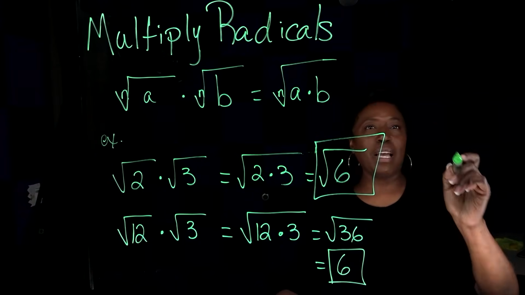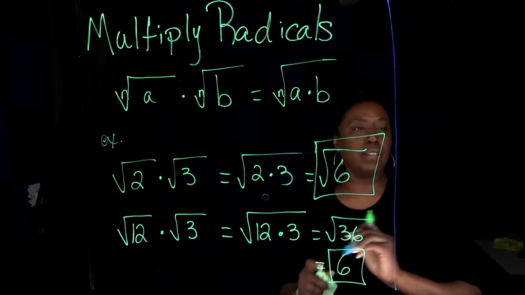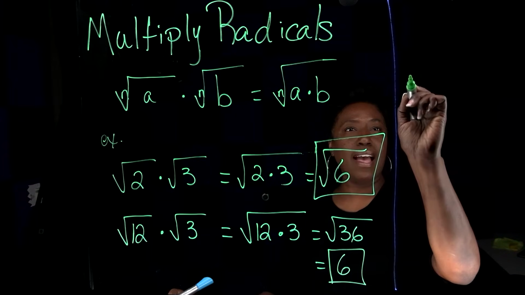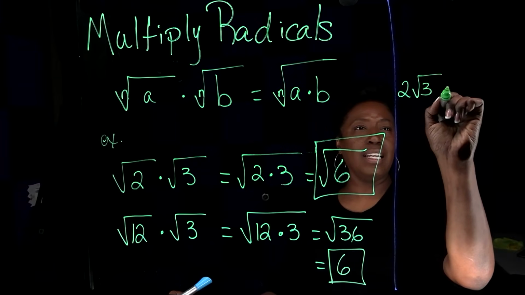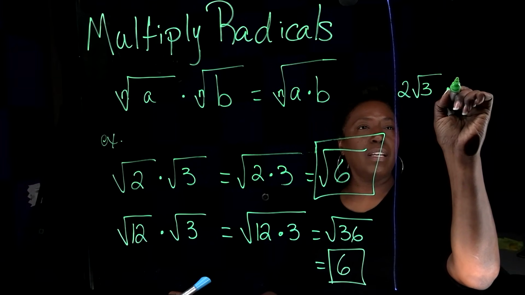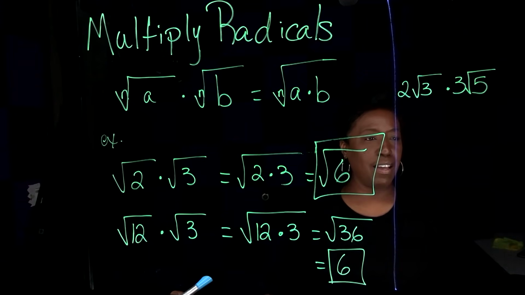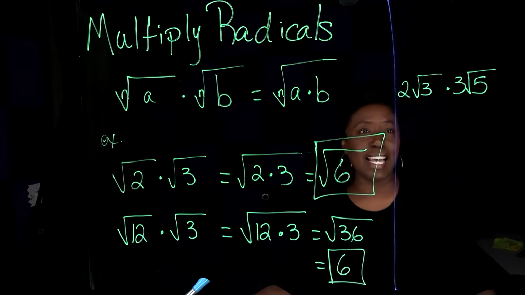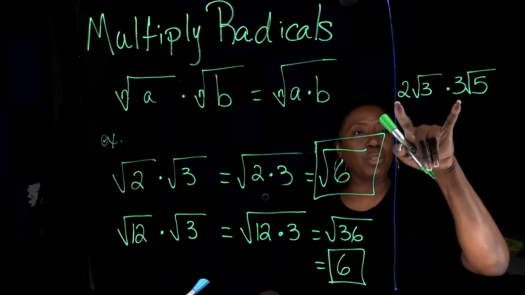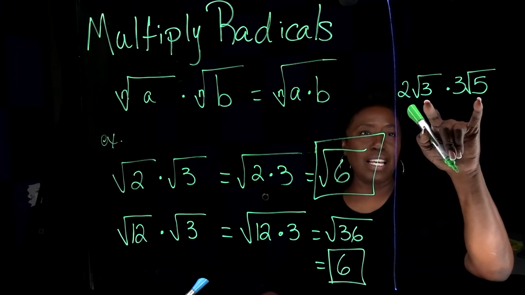Let's try another example. Let's say we had 2 times the square root of 3 times 3 square root of 5. To multiply these radicals, and again we make note that the index is the same, but this time we multiply what's in front of our radical symbol and what is under.